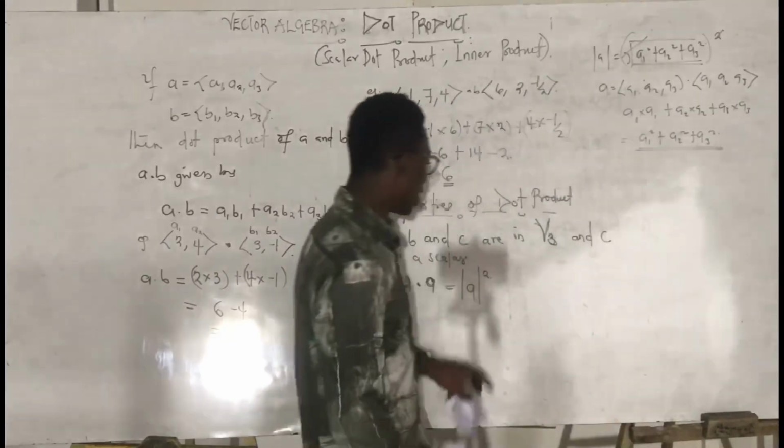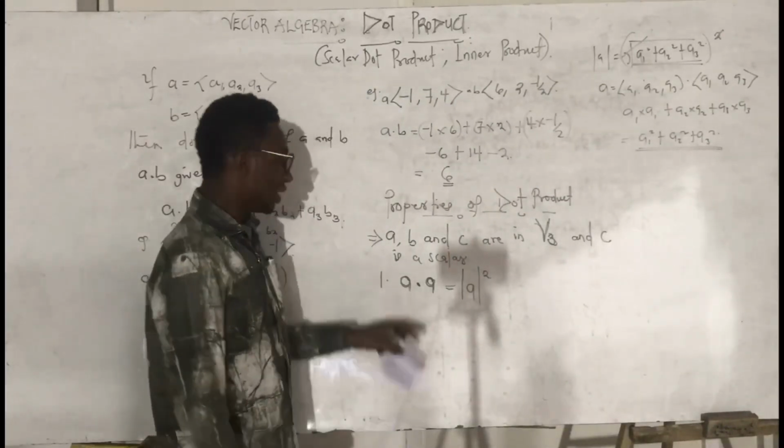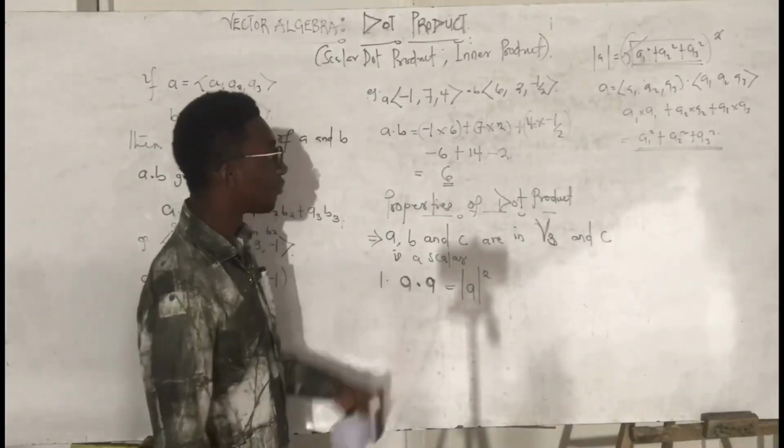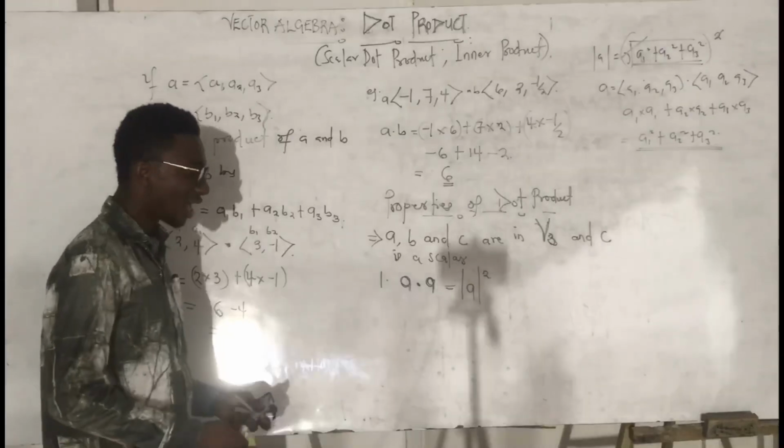So the square of the magnitude of a vector is the same as its dot product with itself.